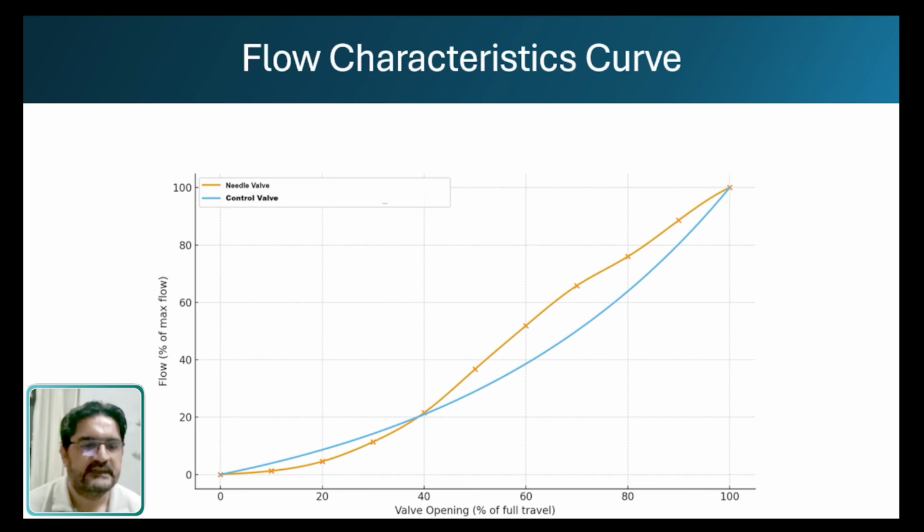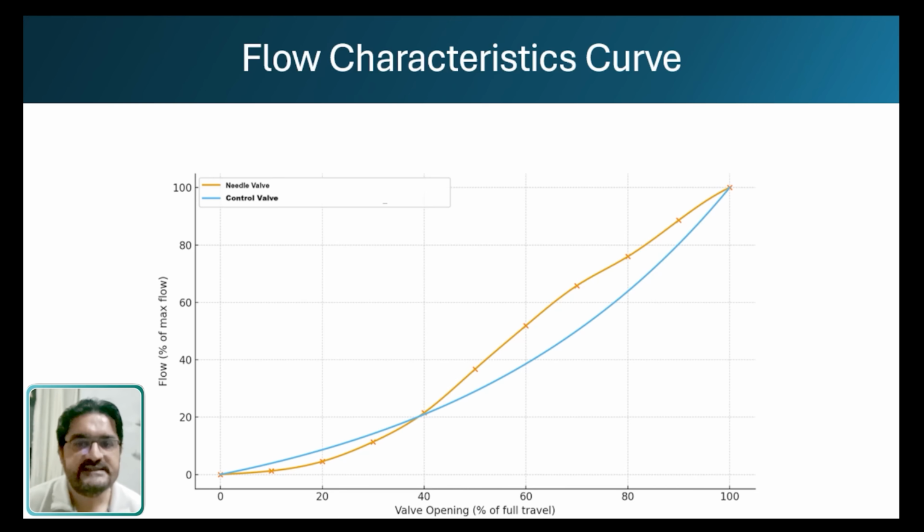Okay. This is a flow characteristic curve for both the valves. This graph compares valve opening versus flow rate. A throttling valve generally follows an equal percentage curve, meaning at low openings, small changes cause small flow variation, but at higher openings, the flow increases sharply. On the other side, a needle valve behaves more linearly.